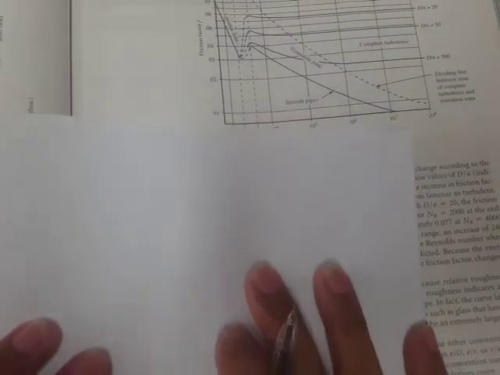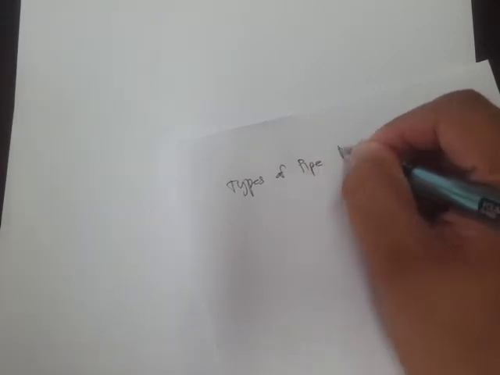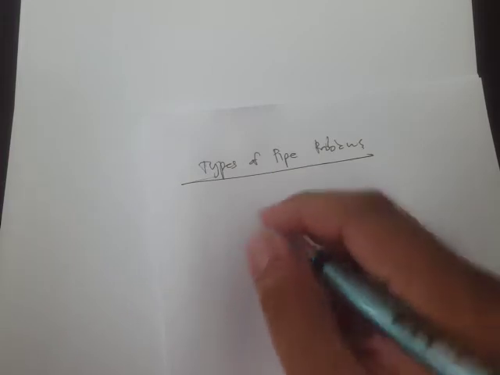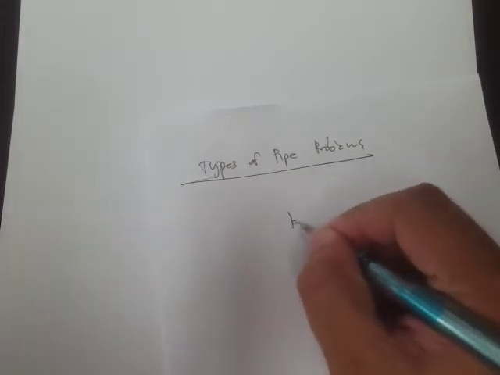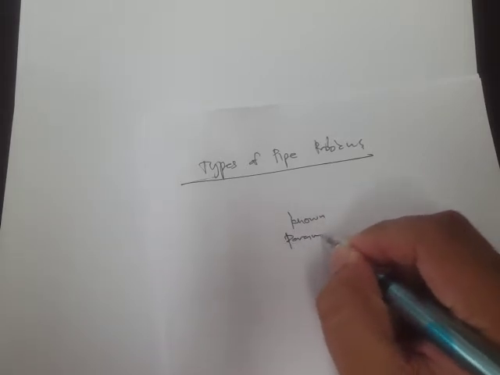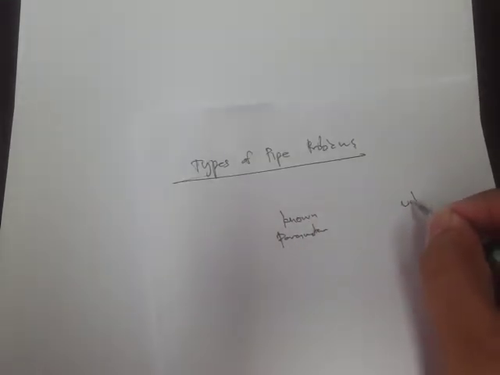Alright, now let's move on to our remaining topics in this chapter. So we have types of pipe problems. What it means is that we can have, for example, the first one where we have the known parameters, and right here will be the unknown.